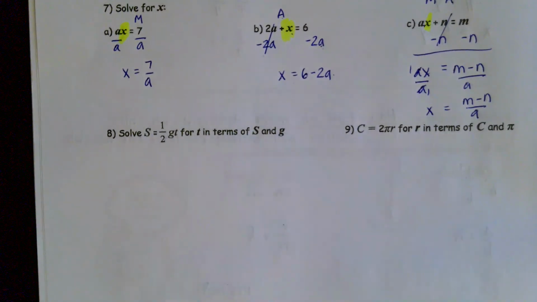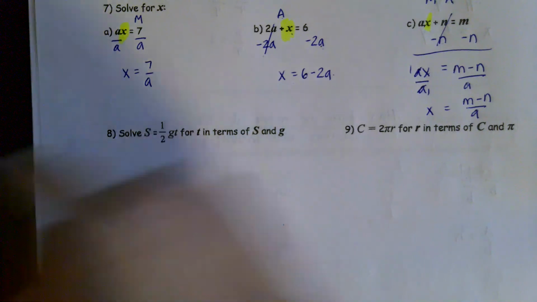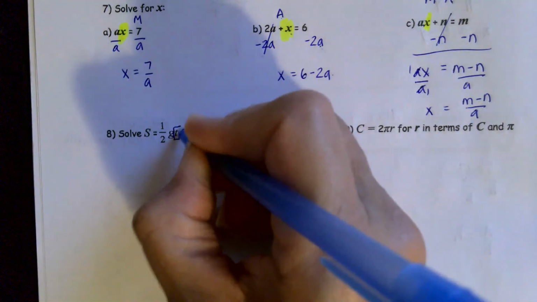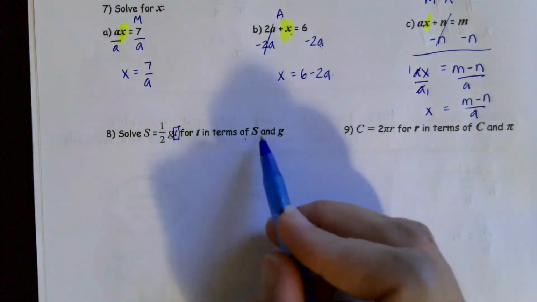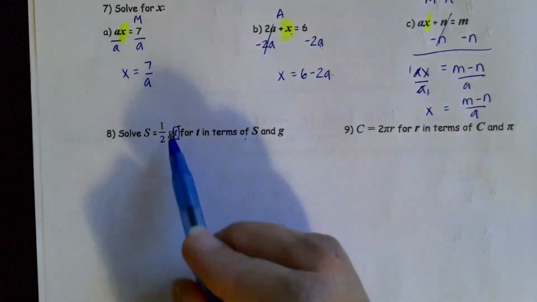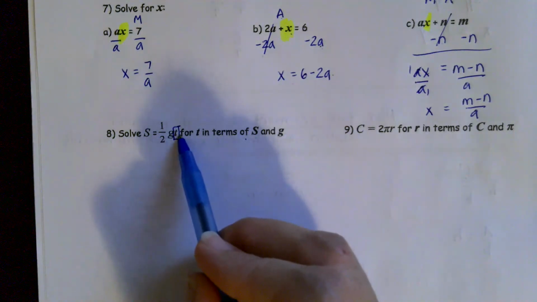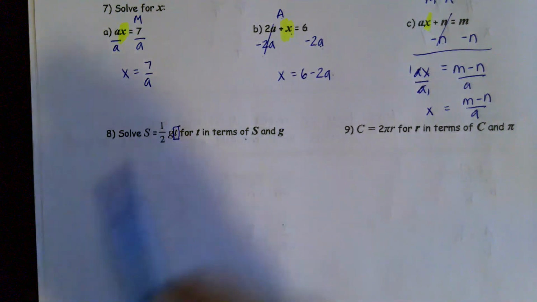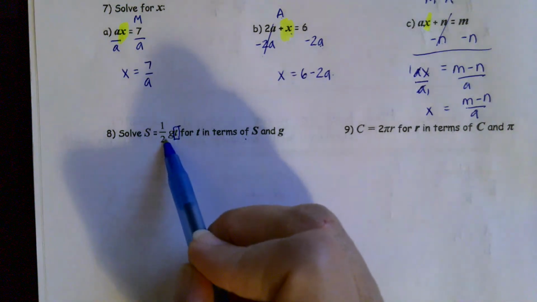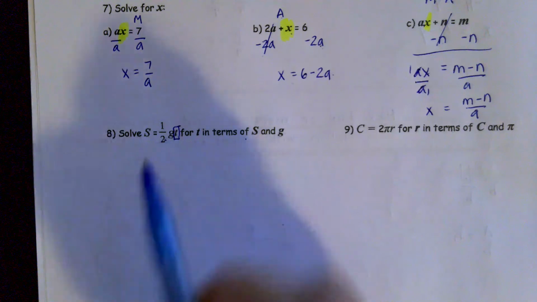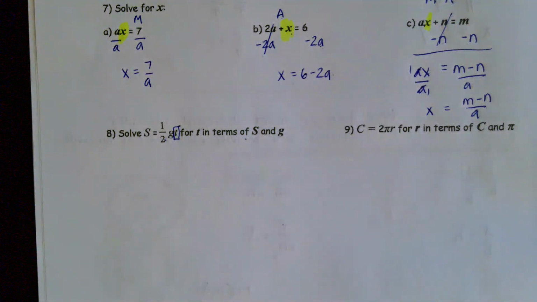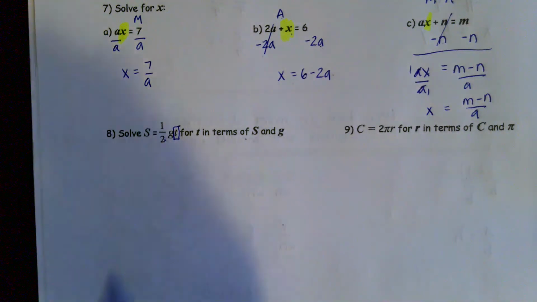Okay, let's take a look at this. Solve for t, so you either highlight or box that, in terms of s and g. Well, both of these are being multiplied by t. Let's get rid of the fractional coefficient first. Remember what we did to get rid of it in the previous questions.